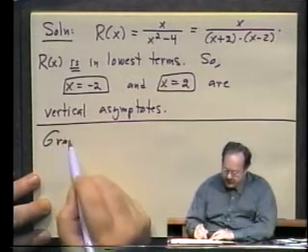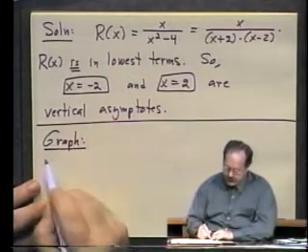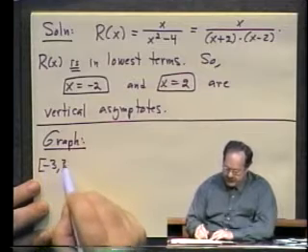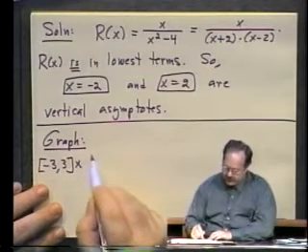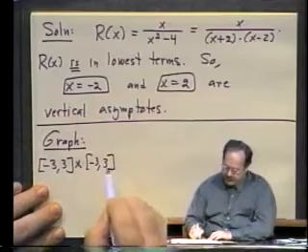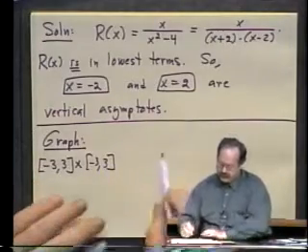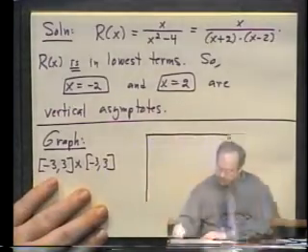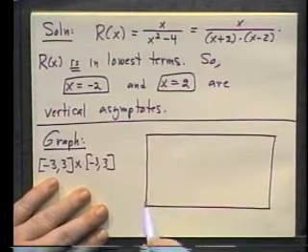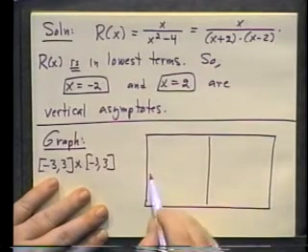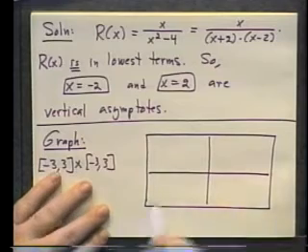Let me show you what they look like in a graph, because we did want to see a graph. And I'm using the same interval I've seen before, minus 3 to 3 by minus 3 to 3, the window we've seen before. And here is the picture that I got. My axes are sitting there nice and symmetrical.